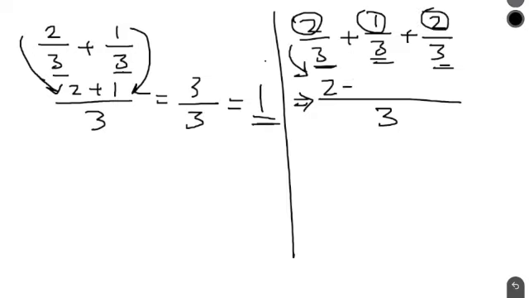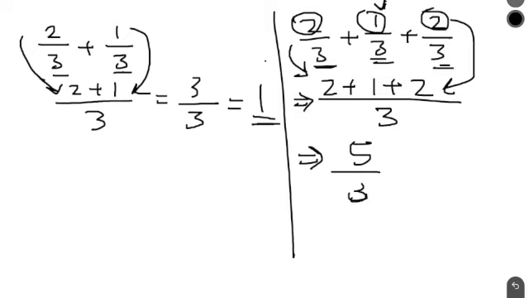It would be 2 plus 1 plus 2. And 2 plus 1 plus 2 is 5, so that equals 5 over 3. Okay, so it's very simple. If you have 2 fractions, 3 fractions, 10 fractions, you apply the same principle every time when adding fractions with the same denominator. But what happens if the denominator is different?